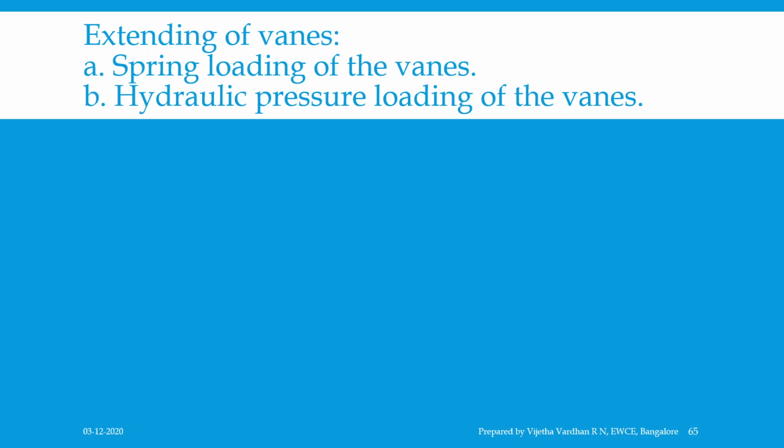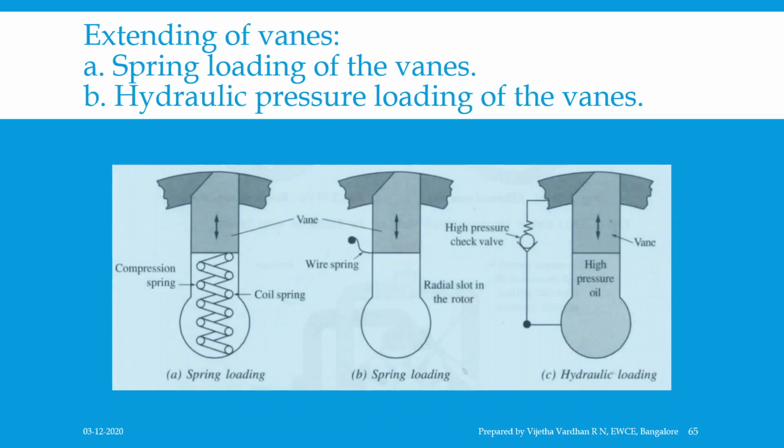Other methods are used to extend the vanes and to create a positive seal between the tip of the vane and the camring, and those methods are spring loading of the vanes and hydraulic pressure loading of the vanes, which we are going to discuss now.